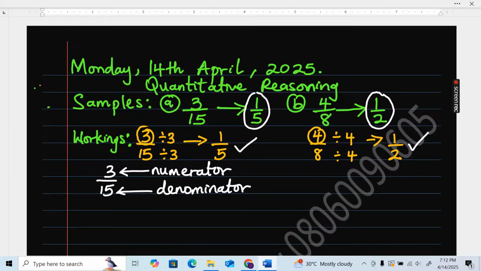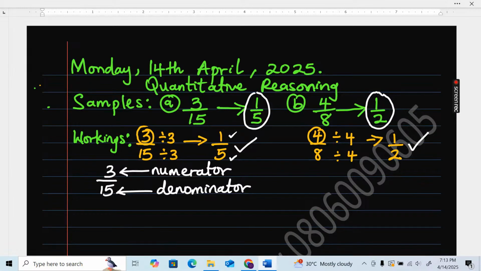The fraction here is 3 over 15. I divided 3 over 15 by 3 because 3 is the numerator. That is 3 divided by 3 over 15 divided by 3. So 3 divided by 3 is 1. Look at 1 right here. And 15 divided by 3 is 5. That was how I got my answer.